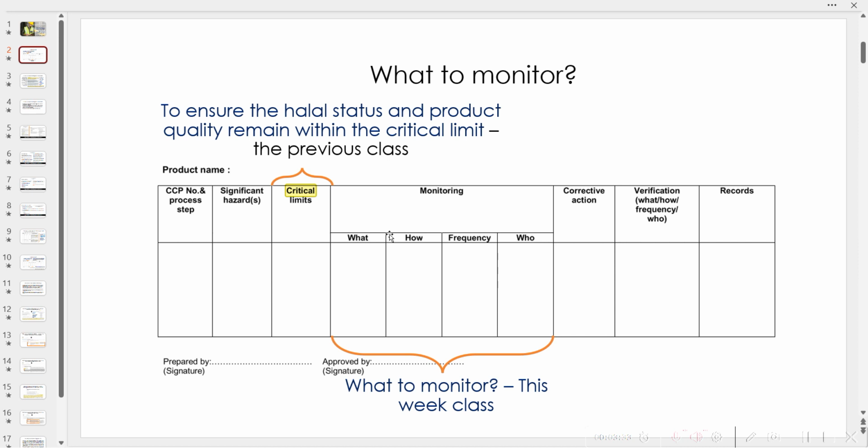So if you are dealing with production of halal food or halal products and you involve chilling or freezing activities in the processing, purchase that, and then you have to monitor every day, right? And then you make a logbook, okay? Like the attendance you sign for class.